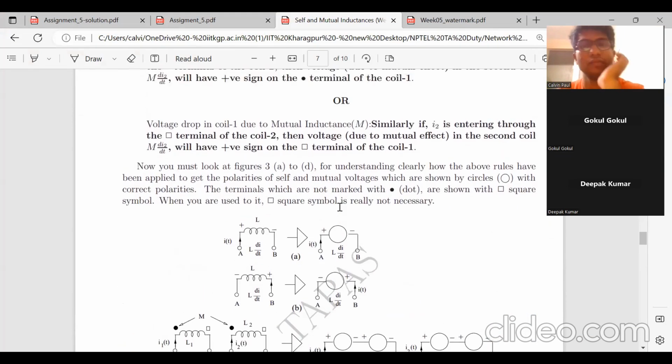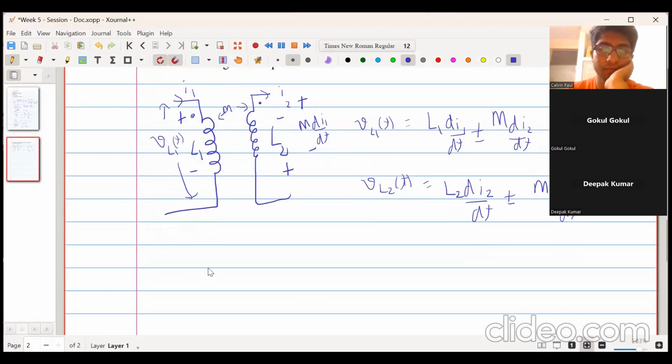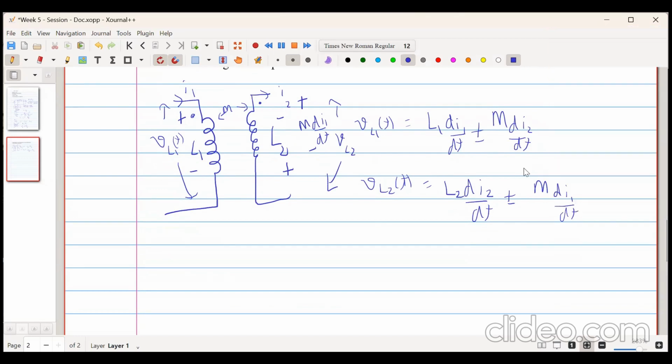Now this voltage over here, VL2, consists of two things. As we said, it consists of the drop due to this inductance, as well as the drop due to the coupling, the magnetizing inductance. Let me further simplify this. It will be written like this.